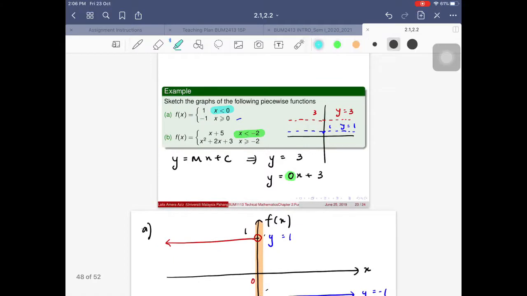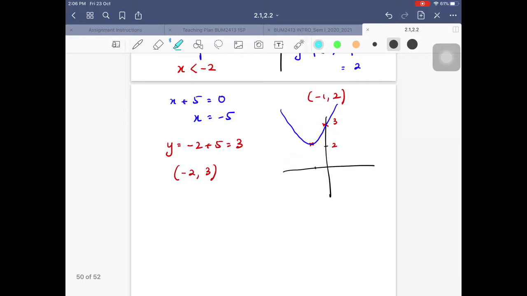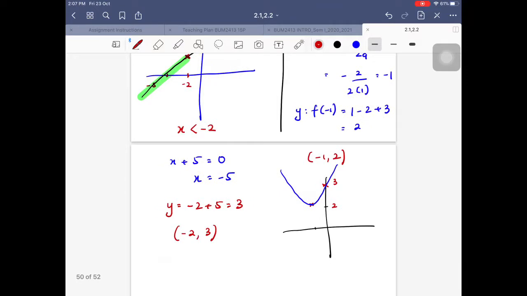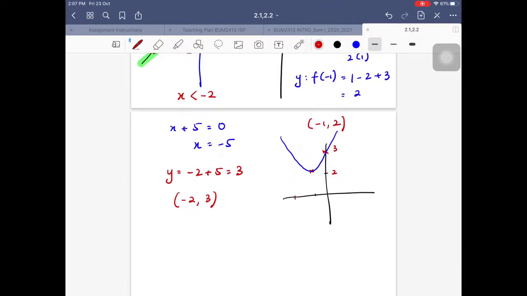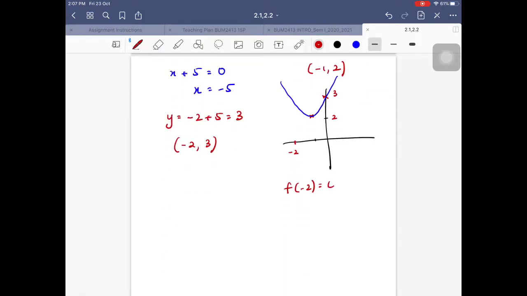Okay, however, again, let's have a look at the interval. We only wanted this function when x is greater than or equal to -2. So where is -2? We have to spot that on our graph. What is the value here? When x is -2, I substitute f of -2, which is going to equal -2 squared, so that's 4, minus 4, plus 3.